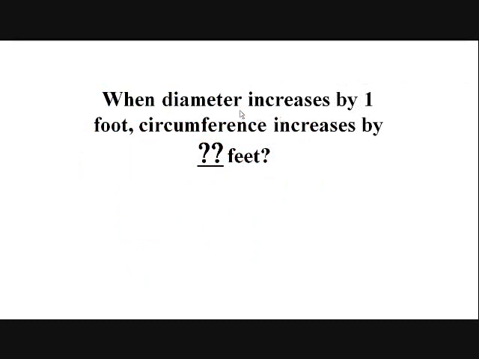Remember when we were talking before and Mac was running around in circles? The question here is, if the diameter increases by 1 foot, how much does the circumference increase by? Remember, Mac kept running around these bigger and bigger circles, and each time the diameter would increase by 1 foot? How much extra did he have to run around that pie dish each time the diameter increased by 1 foot? Pause and ponder on that for a moment.